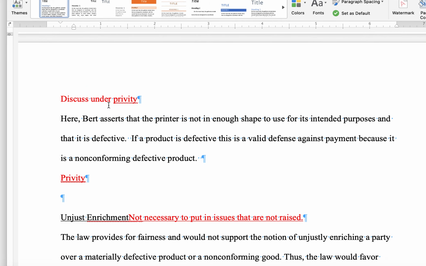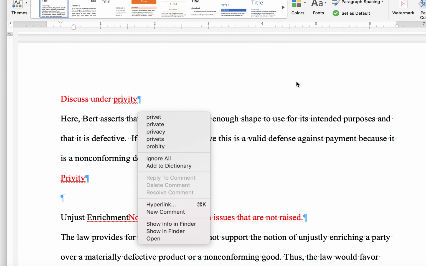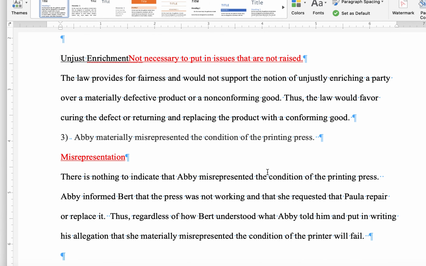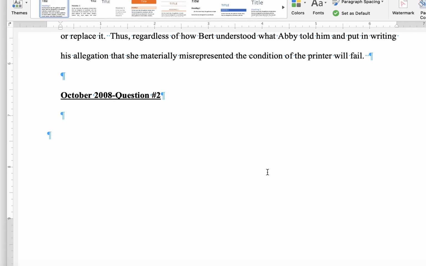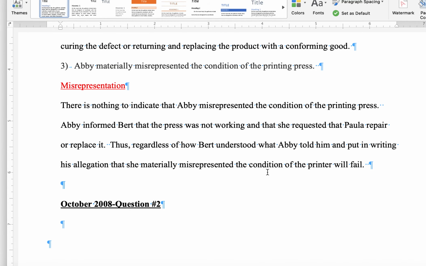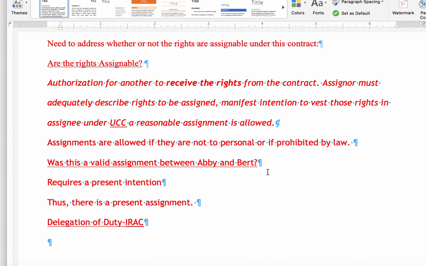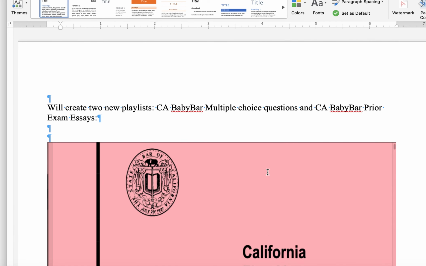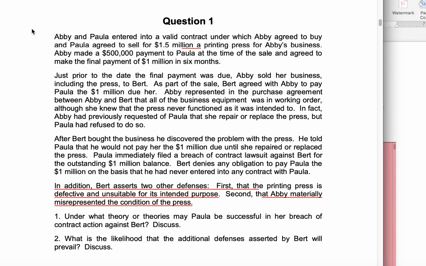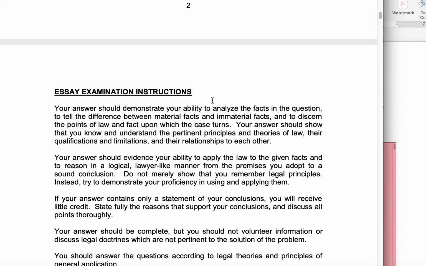Compare the practice answers to the model answers. If you can get a second set of eyes, somebody that knows what they're doing, to give you their critique, and continue to work and rework them, and look at these other ones that have already passed, you should be fine.